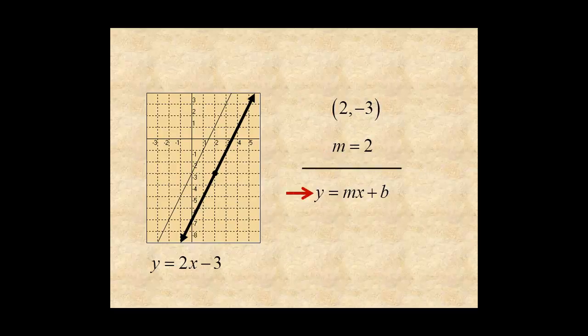You get -3 equals 2 times 2 plus b, which is -3 equals 4 plus b. Then subtract 4 from both sides, and you have b equals -7. So the equation of the line is y equals 2x minus 7.